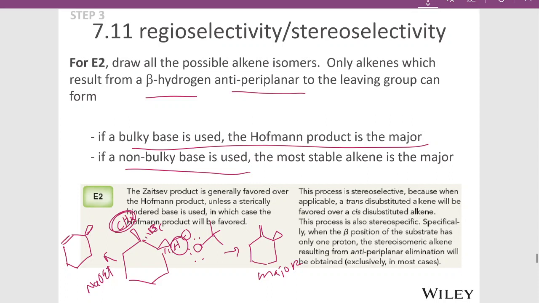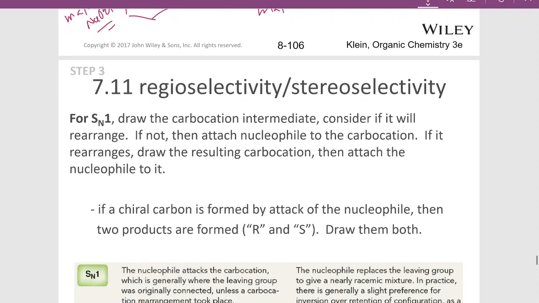And we're going to form a double bond on this side from the elimination of the hydrogen that's coming out, right? Okay. So that's going to be our major product for a smaller base. Now you may get both of these products using either base, but the major versus minor is going to depend on which base you use. Okay.